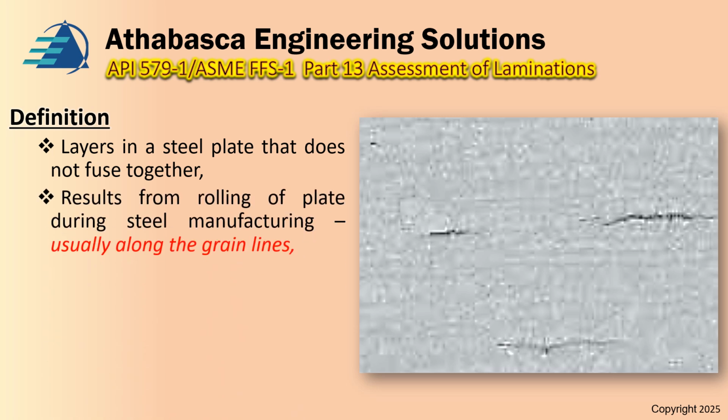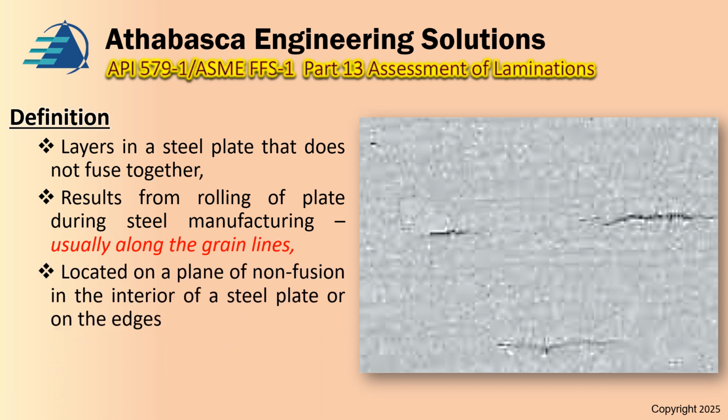It results from the rolling of a plate during steel manufacturing, and it's in the direction of the gray lines where it's been rolled. It's located in the plane of non-fusion of the interior of the steel plate or on the edges. So it's typically found right in the middle of the plate or in the edges, and it exists on one or more planes.